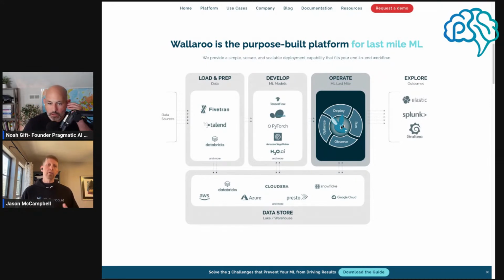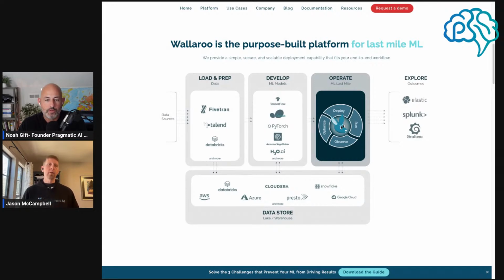We have lots of good data warehouses out there. Then we started developing more training tools. There's lots of tools for training, but there was really a gap when it comes to production deployment. And production deployment means you have load balancers. Is it replicated? Is it highly efficient to run all the time? And can you get that observability data back so that the data scientists can look at it and understand how it's working?